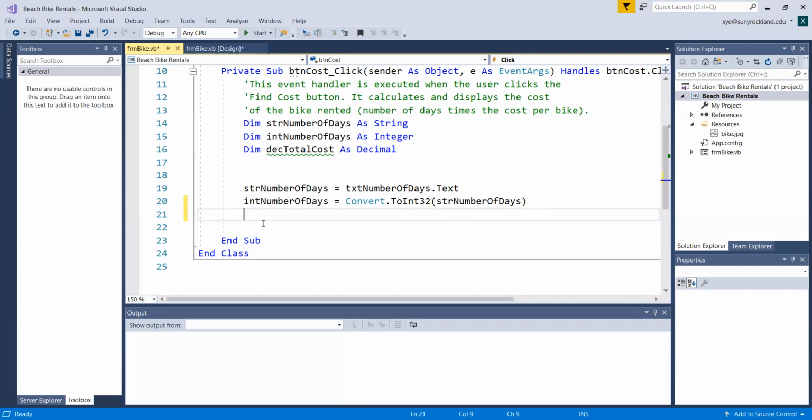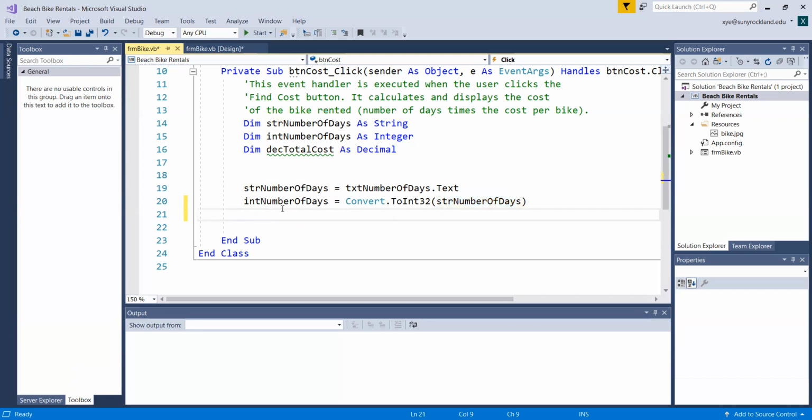So here, after we convert whatever we type in the text box to an integer by using Convert.ToInt32, keep in mind, see here, the Convert color is kind of green-blue, right? This is because it is a class name in your library. In the Convert class, I'm using the ToInt32 function to convert whatever this string is to an integer, so I can do the calculation.